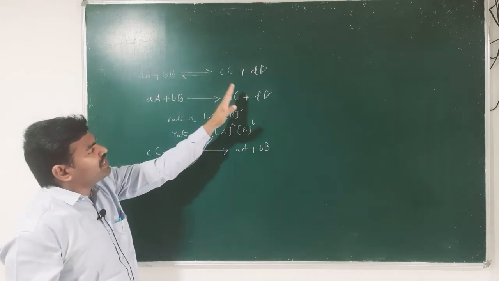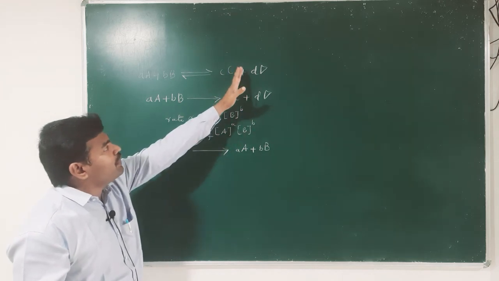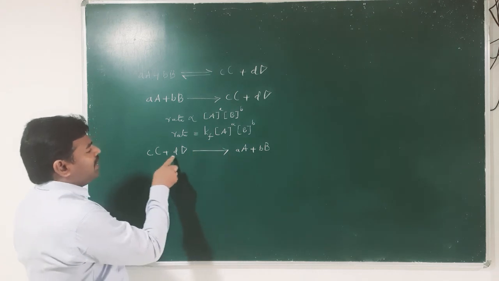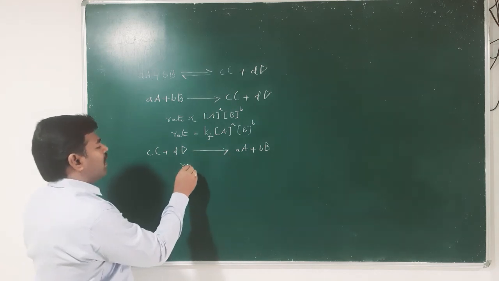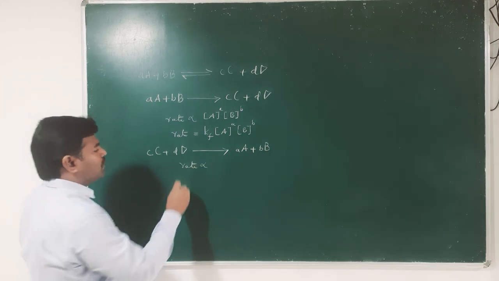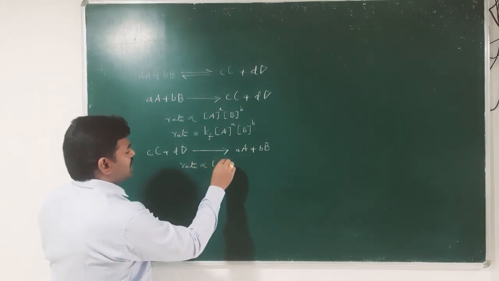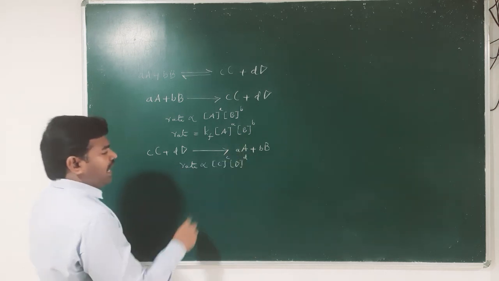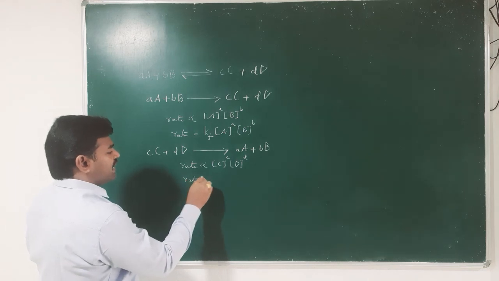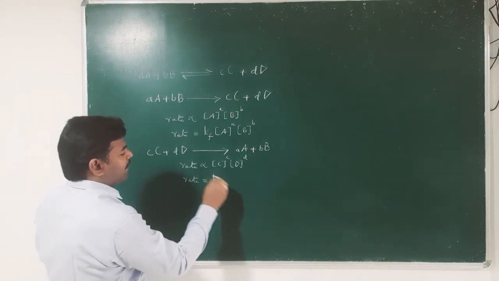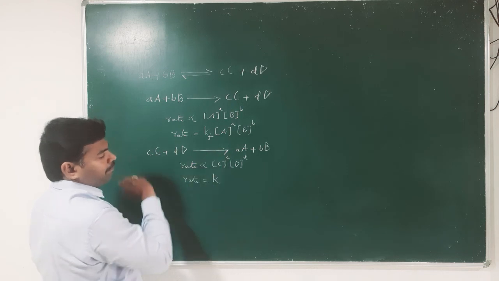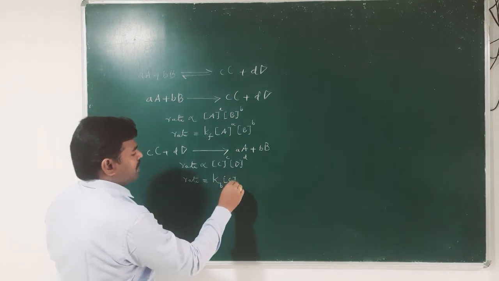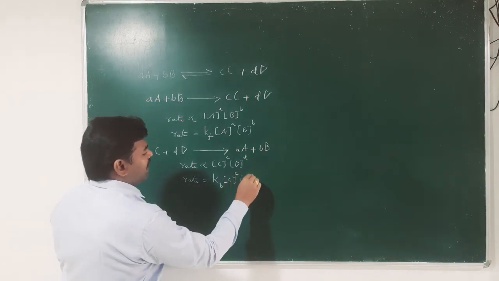From left to right is called the forward reaction, and right to left is the backward reaction. For this reaction the rate is directly proportional to the concentration [C]^c and the concentration [D]^d, and if we remove the proportionality, rate is equal to some constant. This constant for the backward reaction is taken as Kb, so rate = Kb [C]^c [D]^d.